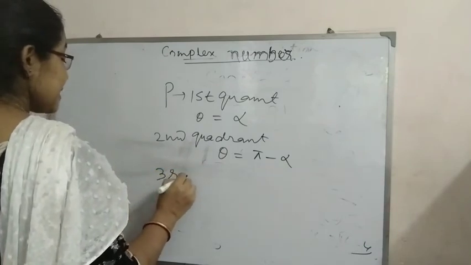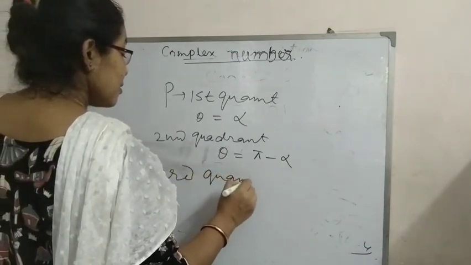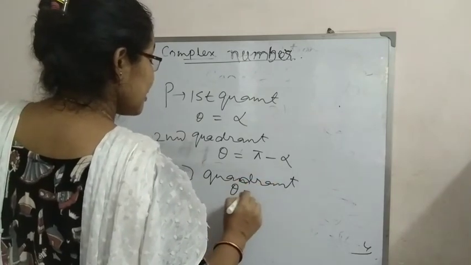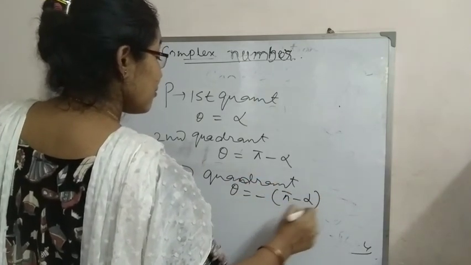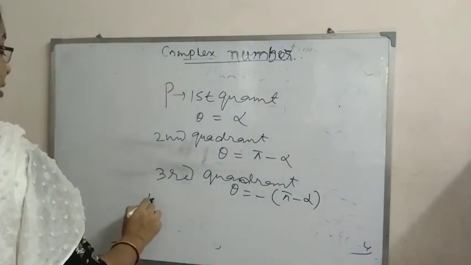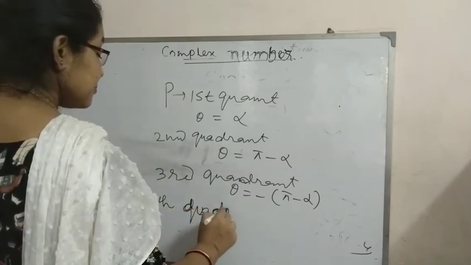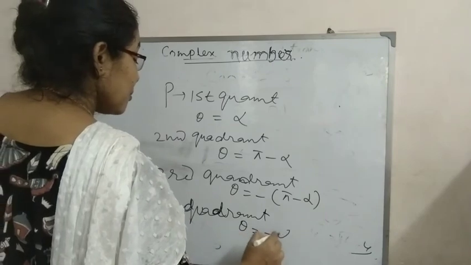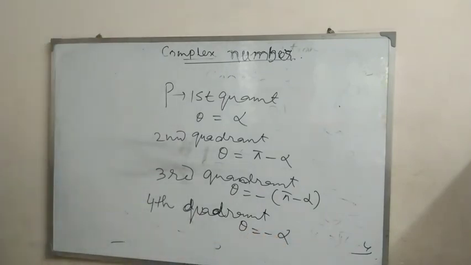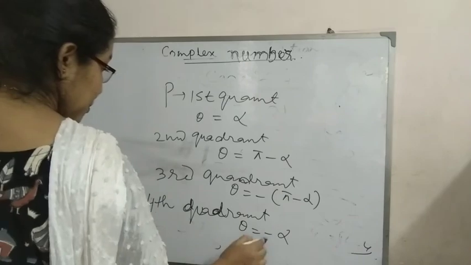If P lies in the third quadrant, then theta equals minus pi plus alpha, and when P lies in the fourth quadrant, then theta equals minus alpha.